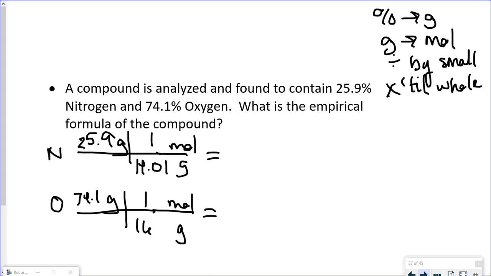So we're going to calculate moles for both of these. So 25.9 divided by 14.01. And don't round these. You want to keep several decimal places because we're still going to be using them in future steps. So for nitrogen, that's 1.849 moles.